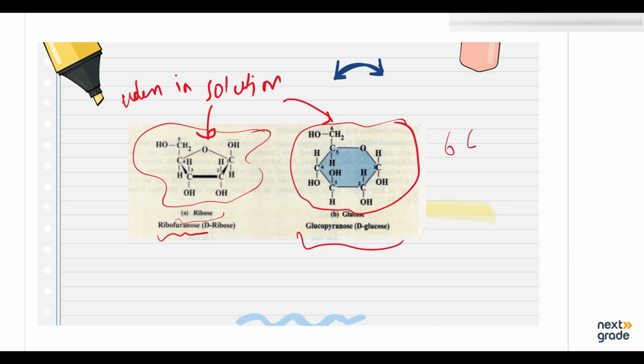This one is six-cornered, and this one is five-cornered, right? So this is the ribose and this is the glucose.